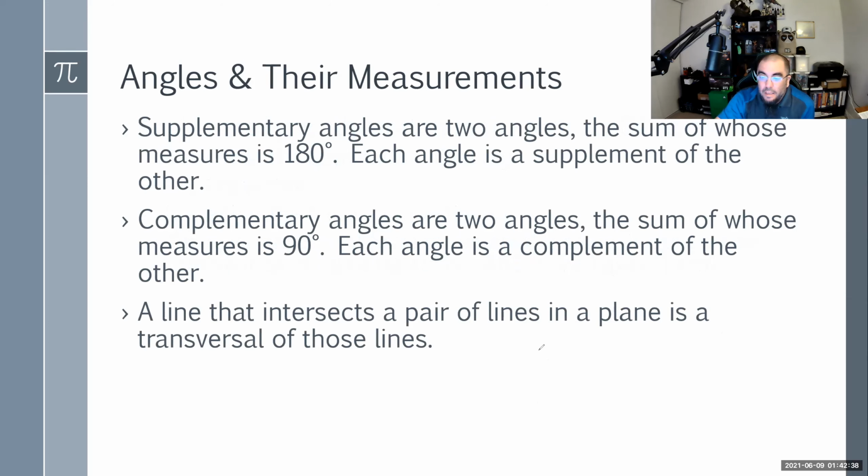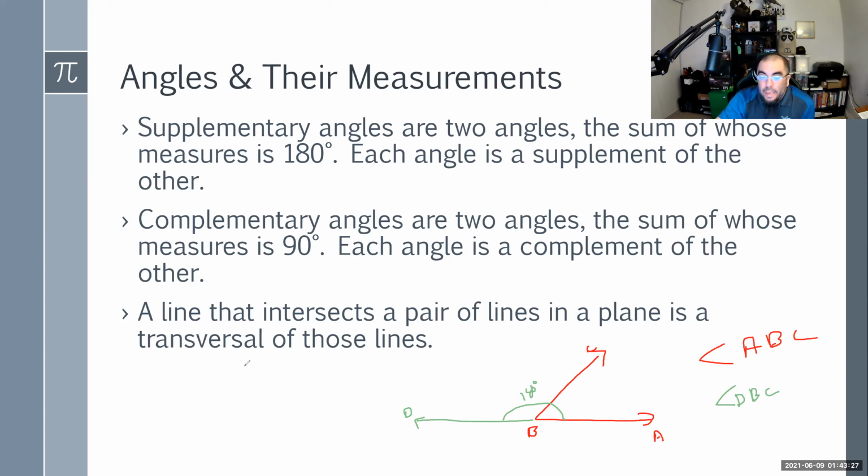So what this is saying is, if I have an angle that looks like this, here's B, C, there's A. And I also have another angle that goes up like this, and this is D. So in this case, I have angles A, B, C, and I also have angle D, B, C. If you add both of those angles together, they're going to equal 180 degrees because it's a straight line. In that case, those angles are supplementary.